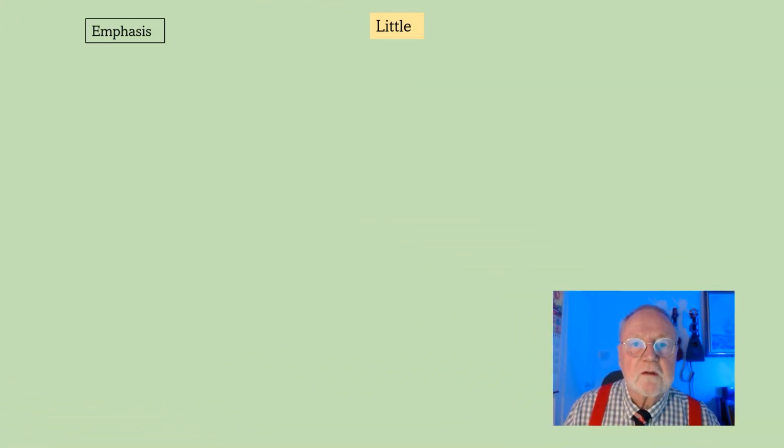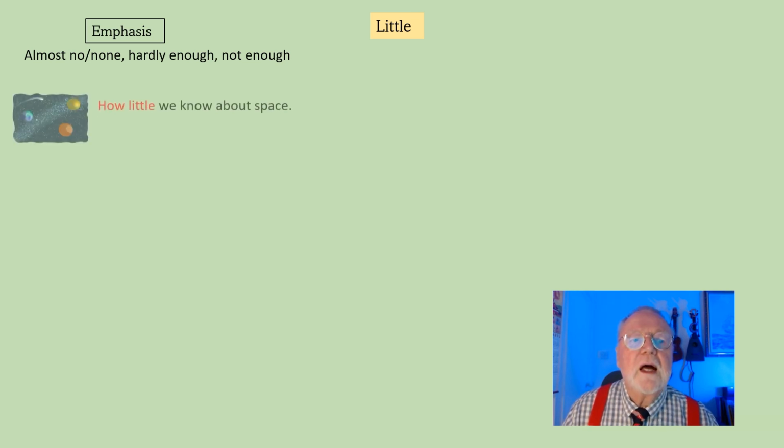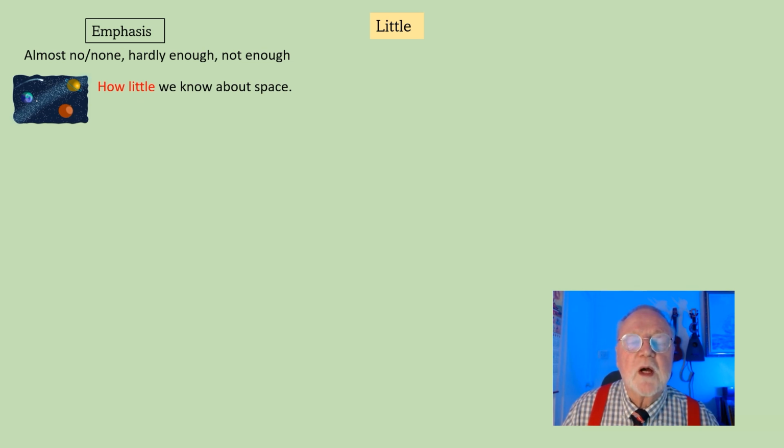We can use little for emphasis, and it has these meanings: almost no or none, hardly enough, not enough. How little we know about space. And I've also emphasised it by putting the word how in front. How little.